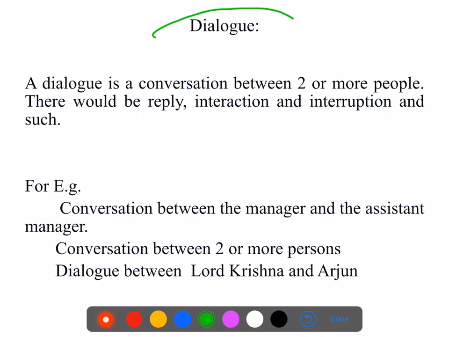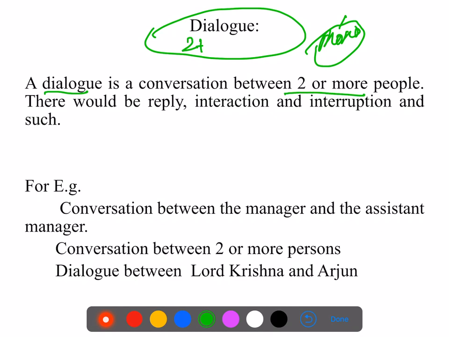If you remember, a monologue is a talk by one person, whereas dialogue is a talk by 2 or more people. A dialogue is a conversation between 2 or more people.